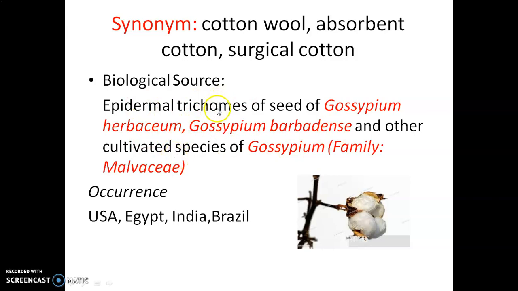So these are actually epidermal trichomes of the seed. Cotton is cultivated or produced commercially in USA, Egypt, India, Brazil, and apart from this, different parts of Africa and South America.